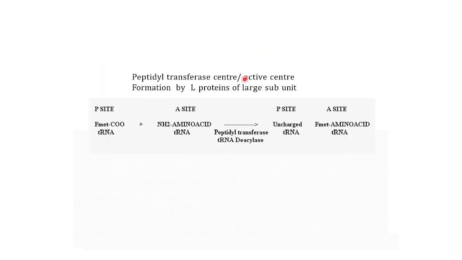So the peptidyl transferase center, or active center, is formed by the L proteins of the large subunit. You have fMet, which is the starting one, and then you have the amino acid with the tRNA, and it goes into the P site, and there is an uncharged tRNA.